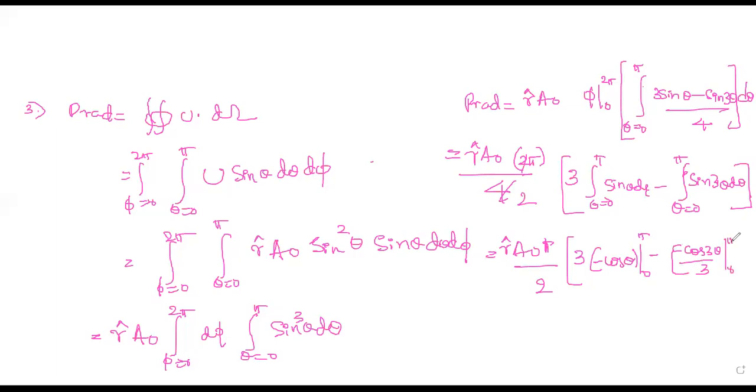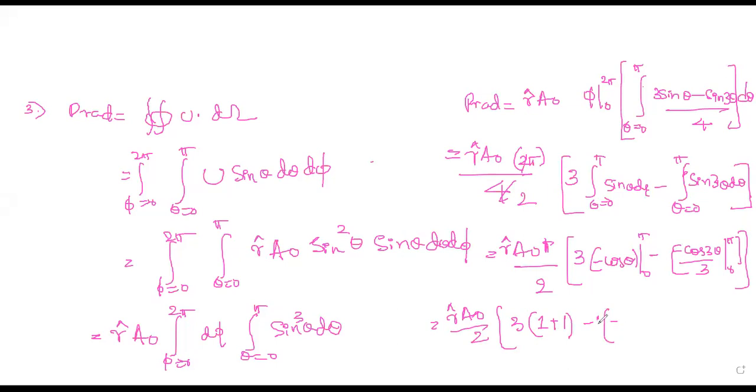Apply the limit 0 to pi. So this is r cap a naught by 2, 3 minus cos pi. Cos pi is minus 1. Minus into minus will be plus 1. Again minus into minus will be plus. Cos 0 is 1. Minus.